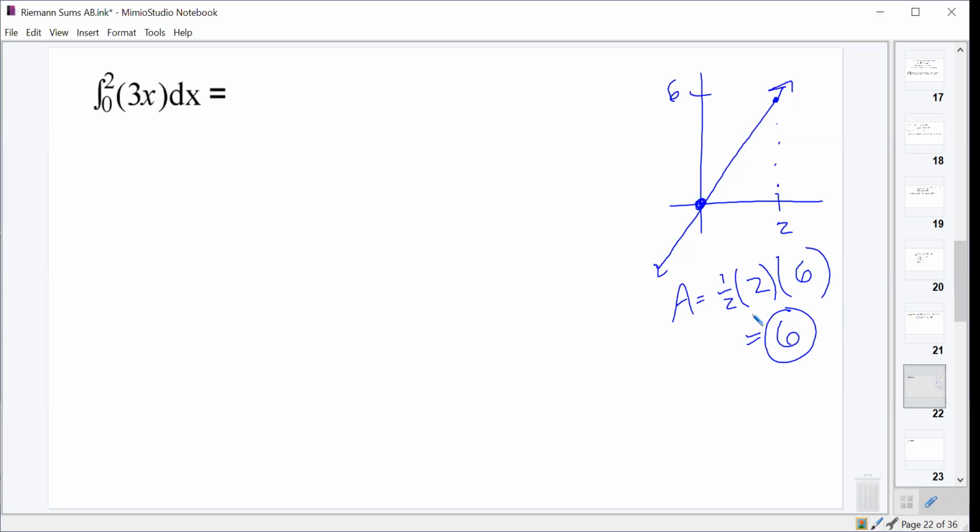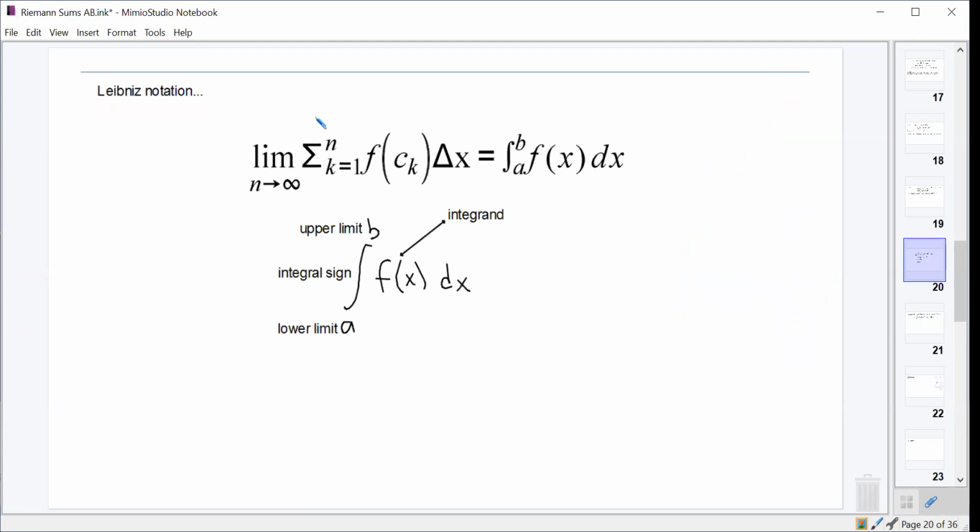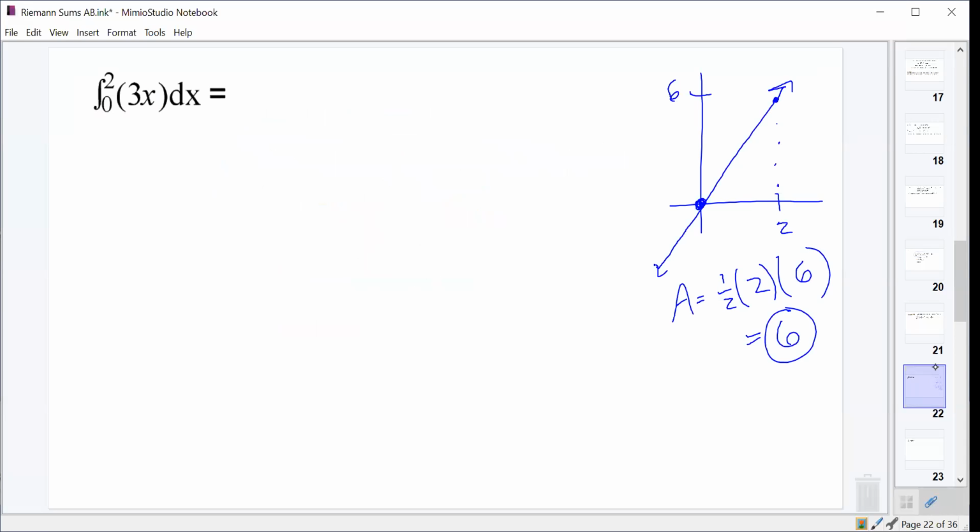Hopefully from yesterday, you remember that the limit we're going to use is this, right? Every single time. And I'm going to change this c into just an x sub k, because I don't need it to be necessarily the midpoint. We're going to actually use a rectangular approximation. So this integral should be the limit as n approaches infinity of the sum from k equals 1 to n of f of x sub k.